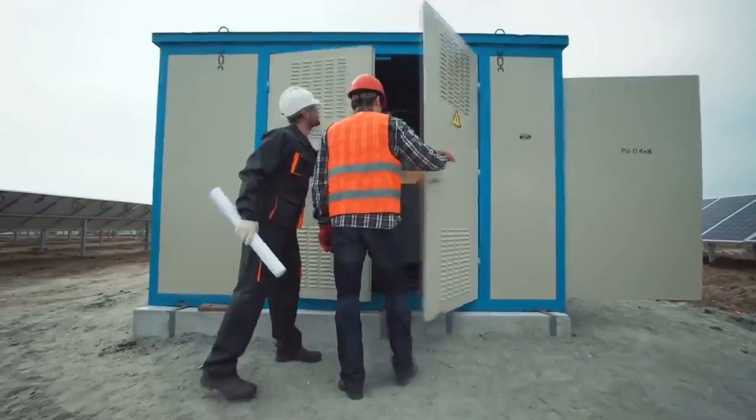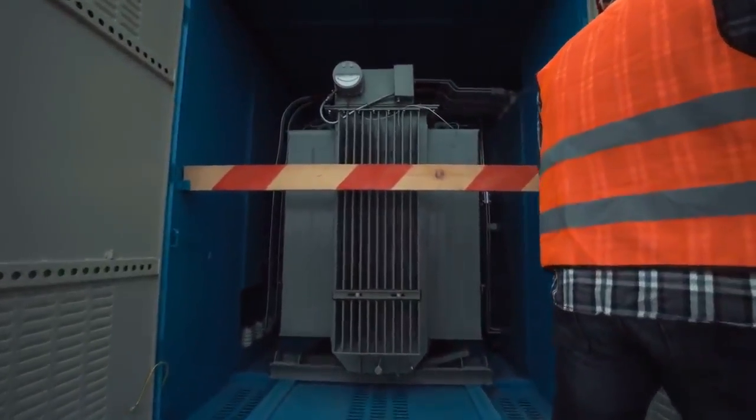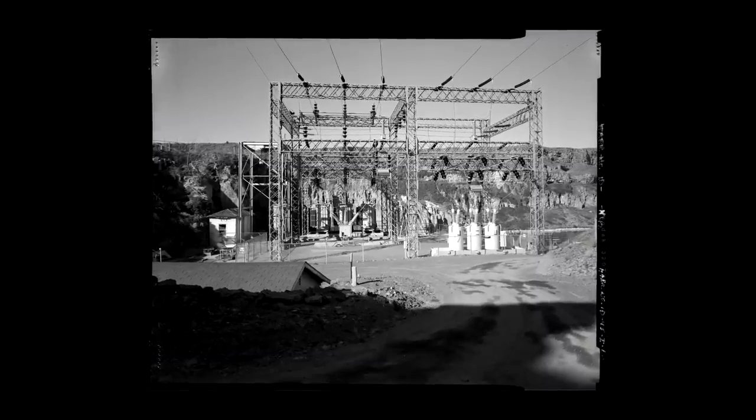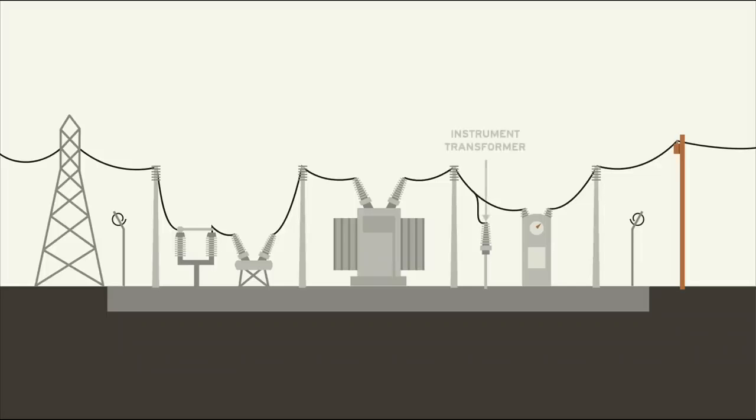The simplicity of transformers is great in a lot of ways, but it also means it can be difficult to make fine adjustments to the power leaving the substation. Because of this, many substations include equipment for monitoring and controlling the power on the grid. Instrument transformers are small transformers used to measure the voltage or current on the grid or provide power to system monitoring devices.